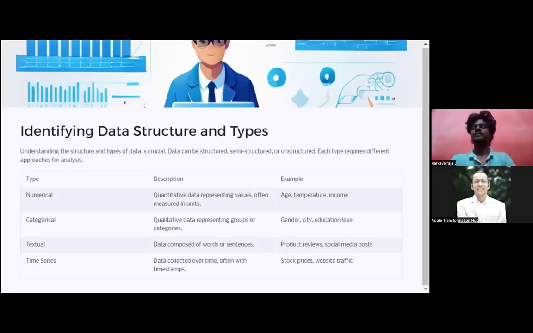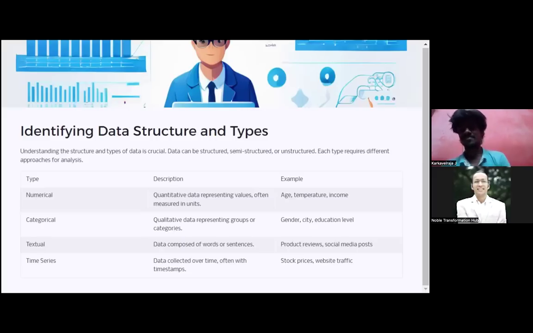So you need to understand this, because based on this you have to choose the models and algorithms, like linear regression, logistic regression. You need to understand whether it is quantitative data or qualitative data, because your problem statement and your data characteristics will show these patterns.